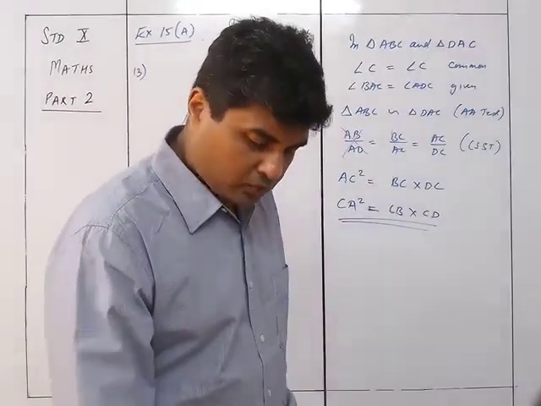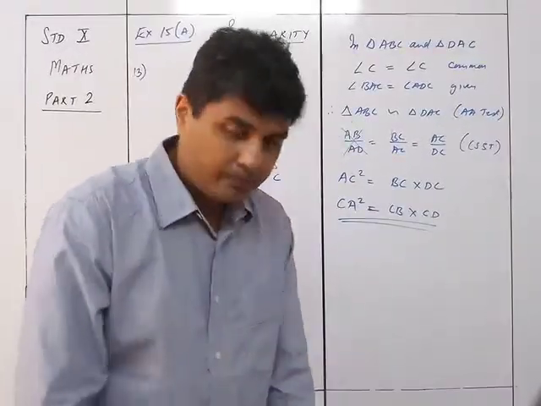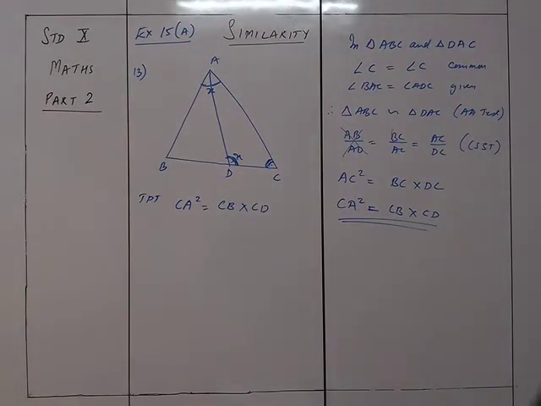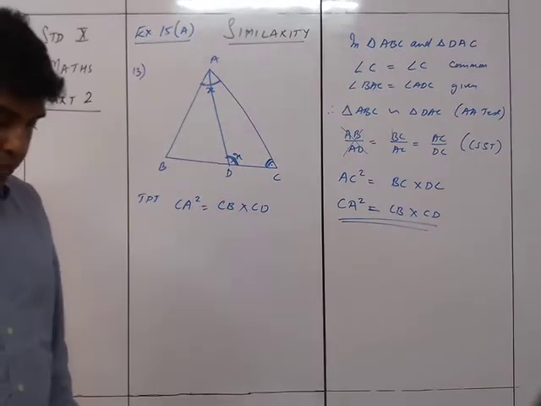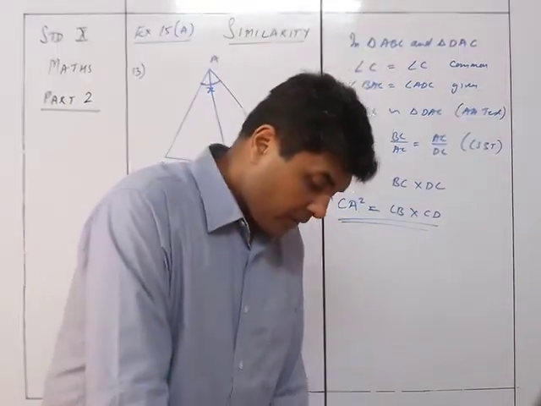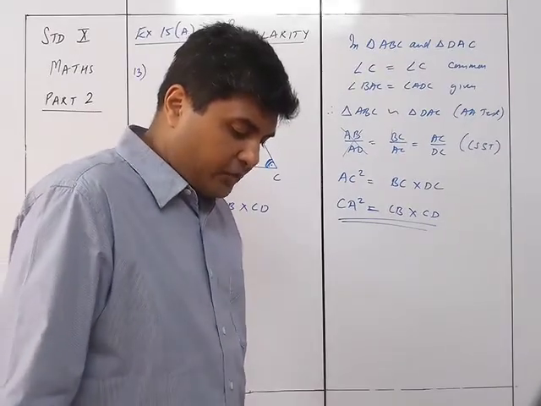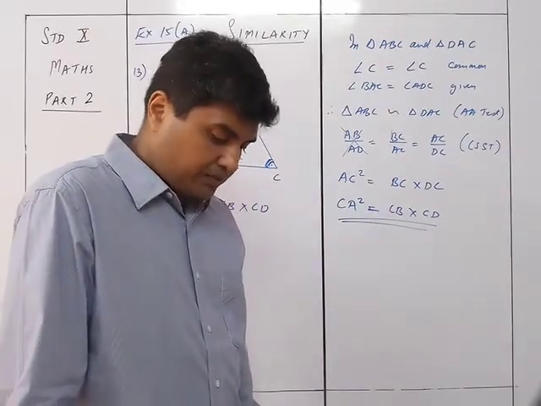We now move on to sum number 15. Given: RS and PT are altitudes of triangle PQR, prove that.